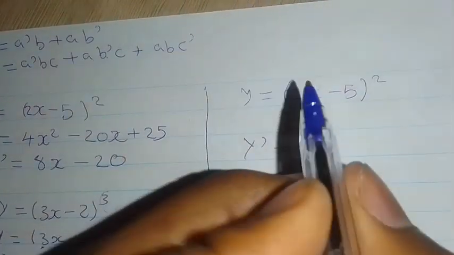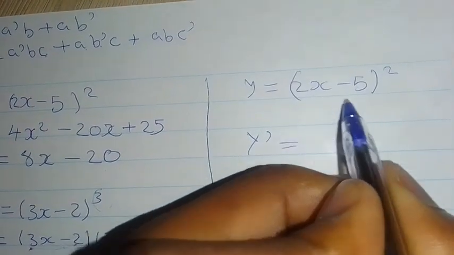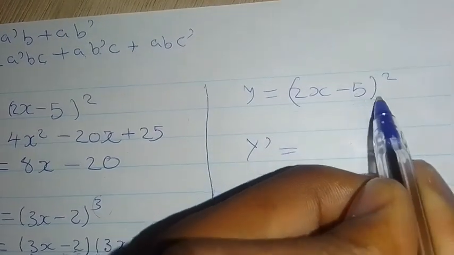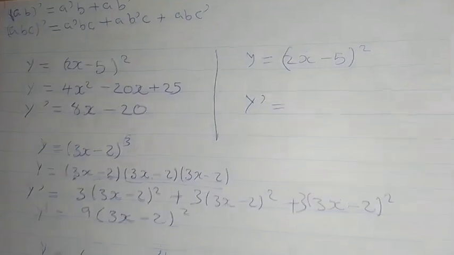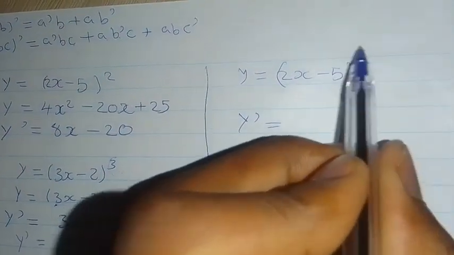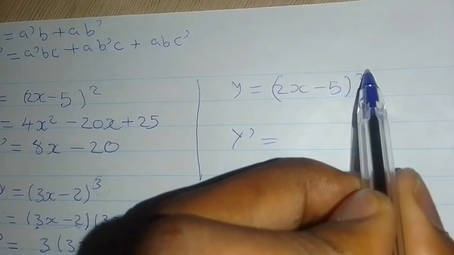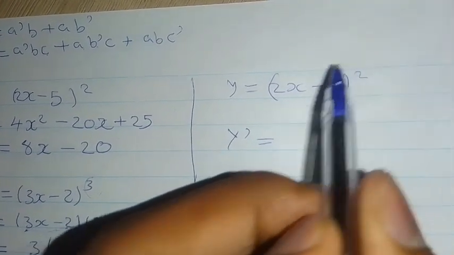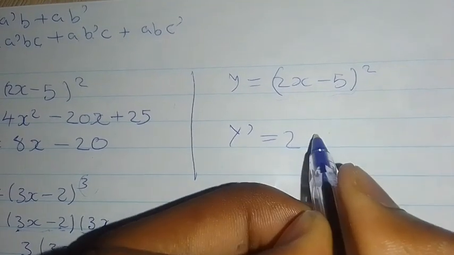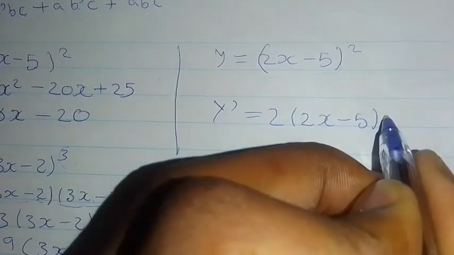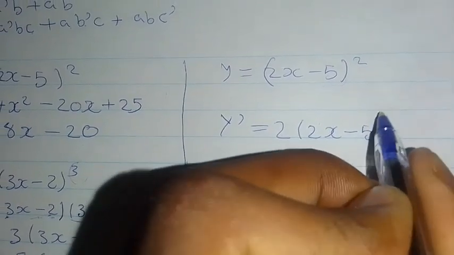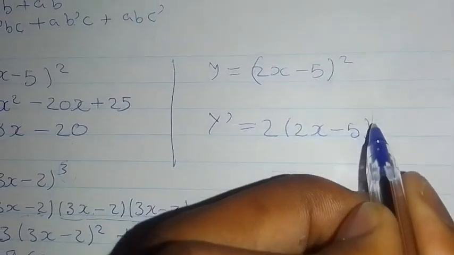I said you derive the outside function irrespective of what's inside, so you treat 2x minus 5 as one thing, and then you use the power rule. You take the 2 there and subtract 1 from the exponent. So 2 minus 1 is 1. Anything to the power of 1, you don't need to write the 1.